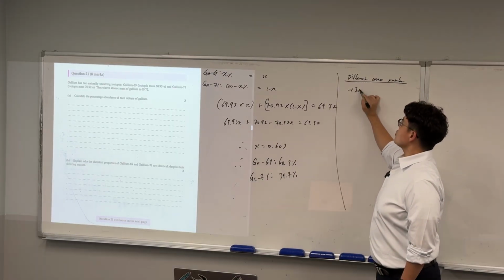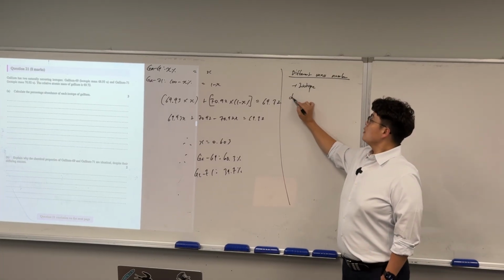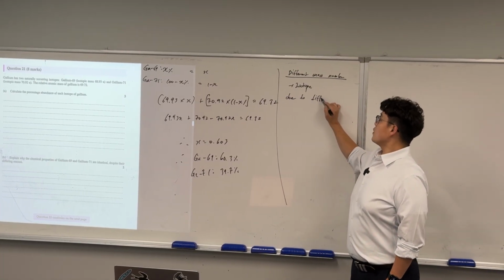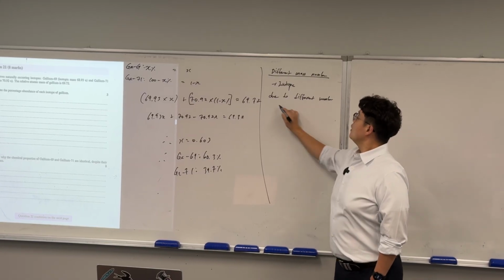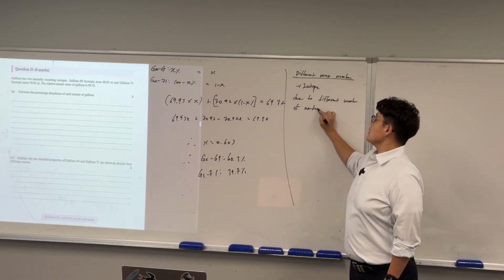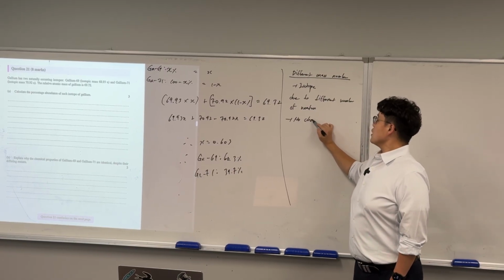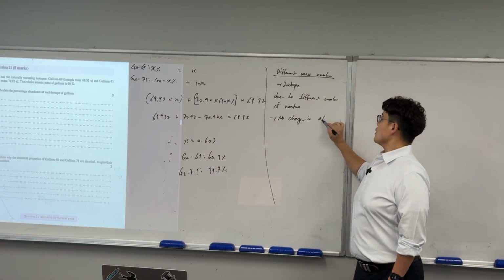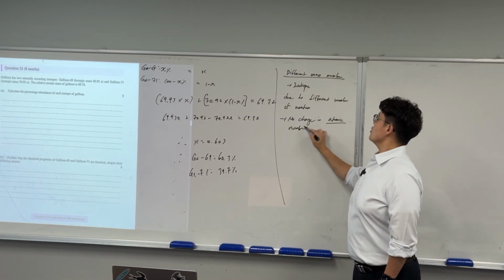Therefore, the isotopes, due to the different number of neutrons. Good. Different number of neutrons. Now, this means there's no change in atomic number. Emily, what's the atomic number referring to?